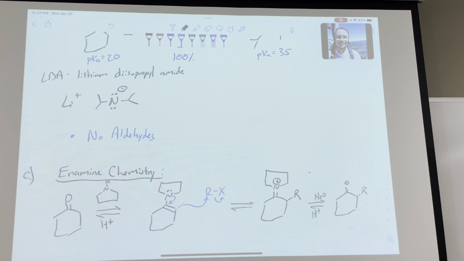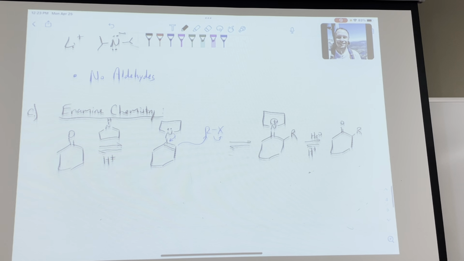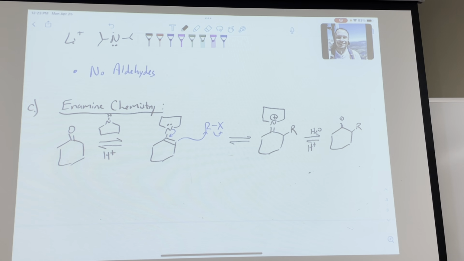Well, there's a lot of things that are sensitive to that strongly basic condition. With enamine chemistry, you're not using base at all. It's just very, very mild acid. And you are doing the exact same transformation. So it allows us to use both aldehydes and ketones here, and it does so under much milder conditions with the enamine chemistry.